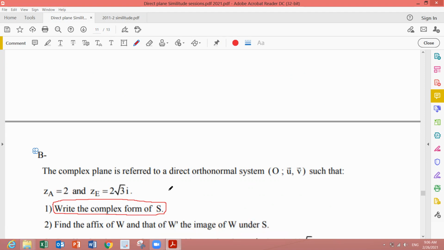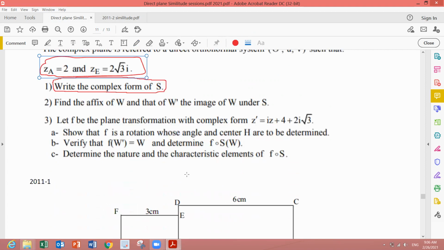Did you see here, Haikaz? Yes, that's right. And W is the midpoint, by the rule of midpoint: (XA plus XB) over 2.